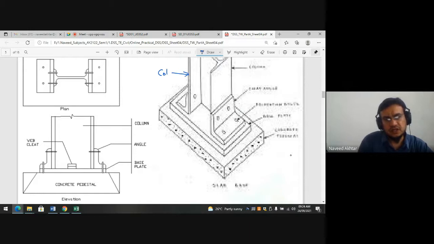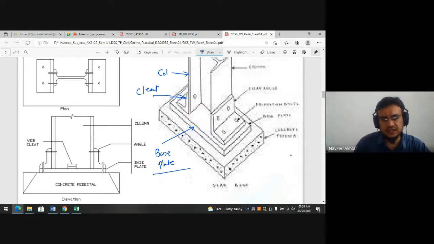This is your fillet angle to hold the column in position, and this is your base plate. If there is no other gusseted material, then it is simply called a slab base, and this is designed for axial load only. If only axial load is there on the column, then we go for this.